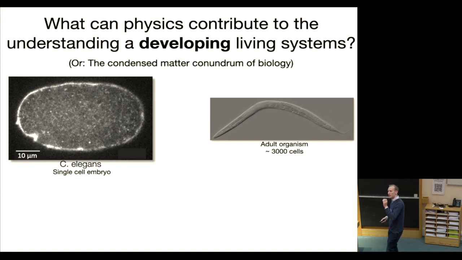We can follow and predict the position of all of these 3,000 and a few cells. On top of that, we know precisely its neuronal network. So it seems like we have all the microscopic information about this organism available, from single cell to final grown adult. And still, we have no closed picture that would bring us from the single cell to such an adult as an emergent self-organized process, as we would think of it when we look at it.